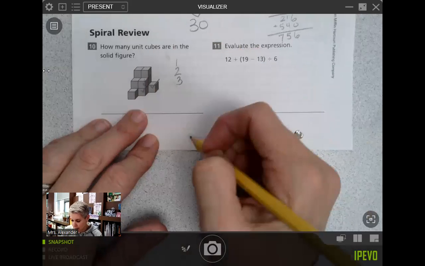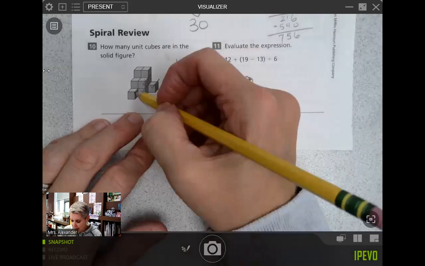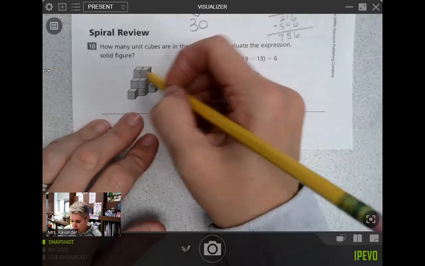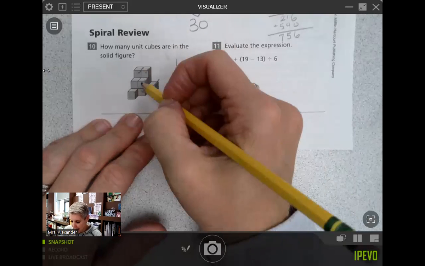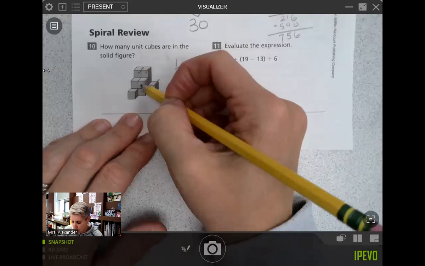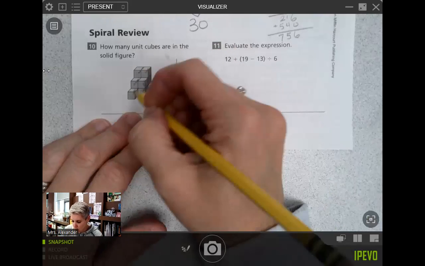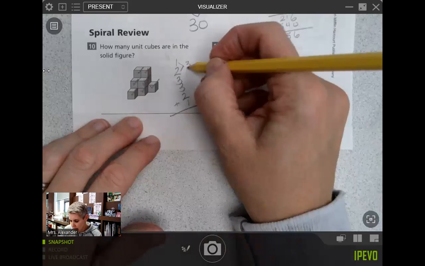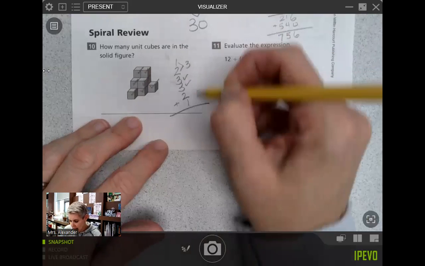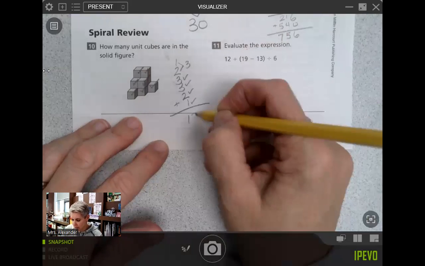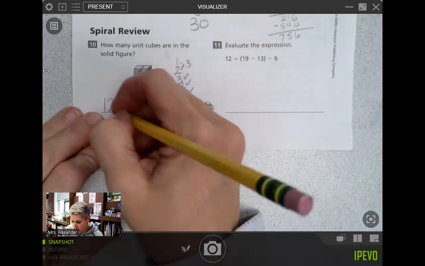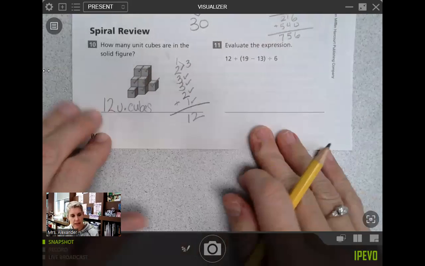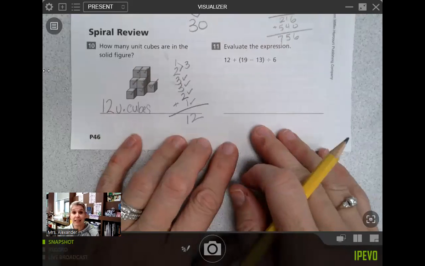That has to be 3. And then the same thing right next door, there's another matching tower. There's another 3. In front of that, there's a matching shorter tower of 2, and then back to our 1. So if I add all of those up, I have 3, 6, 9, 11, 12 unit cubes. All right, don't be fooled by those hidden blocks.